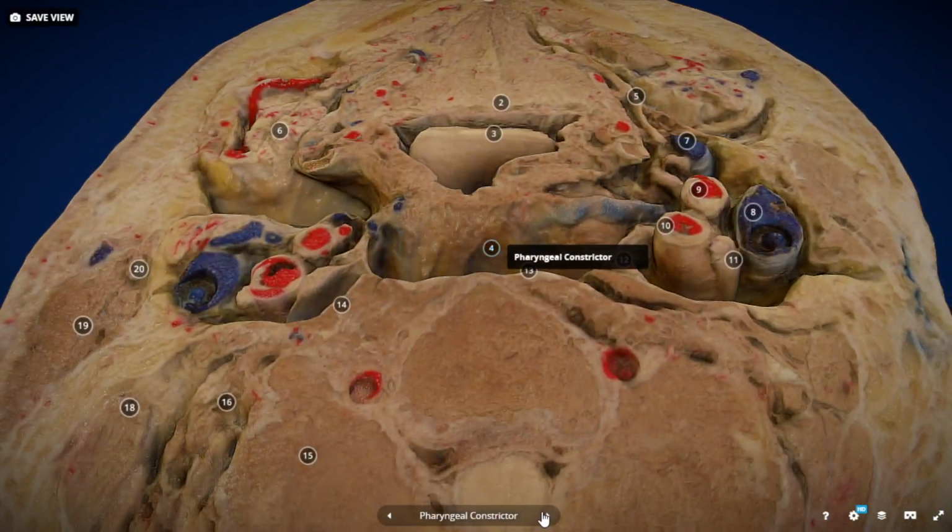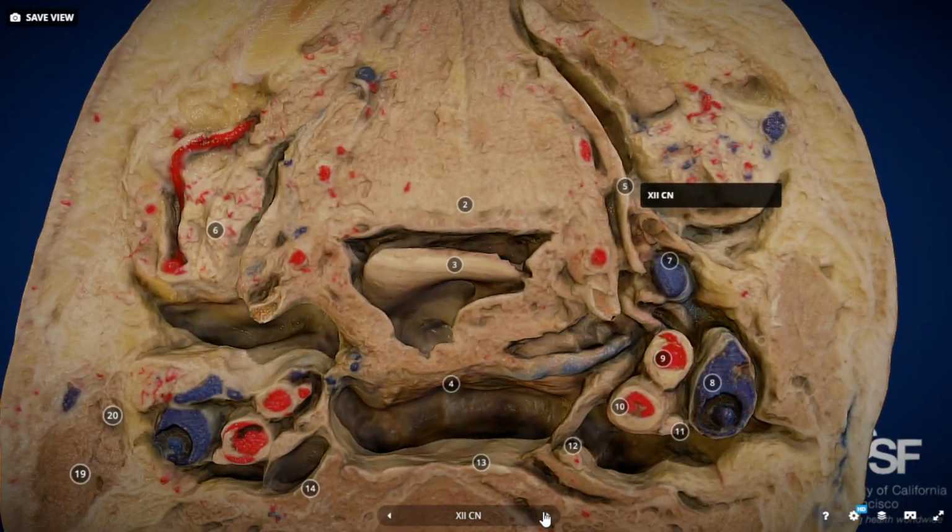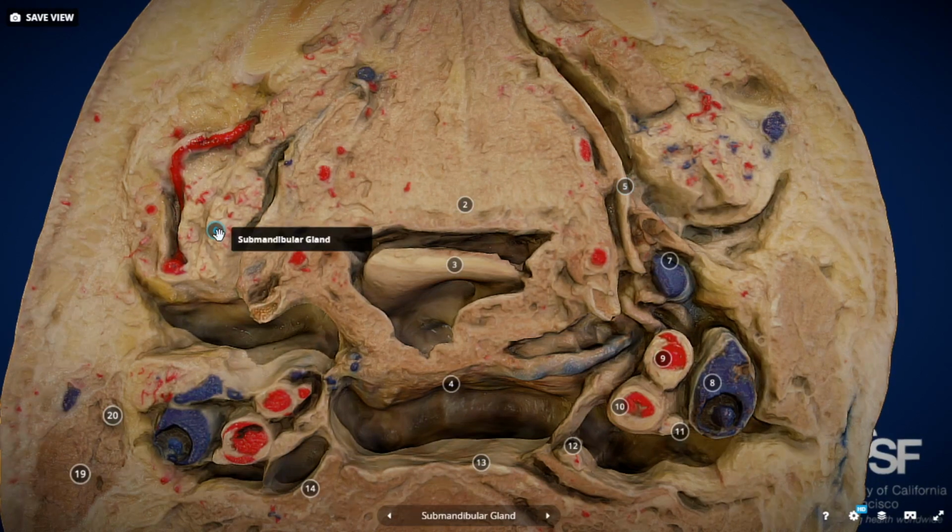So let's go back to the anatomy. Lateral to the root of the tongue, and just medial in this case to the submandibular gland, we can see the hypoglossal nerve. It is worthwhile to remember that there's a communication of this nerve with the cervical plexus via the ansa cervicalis.